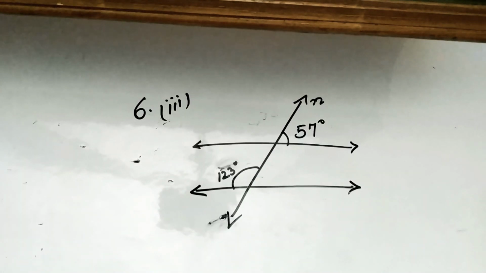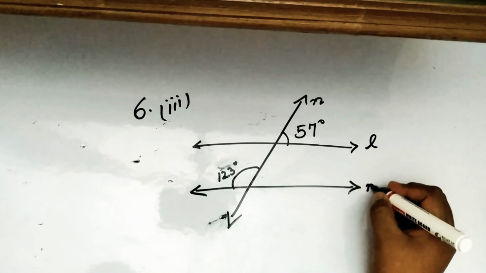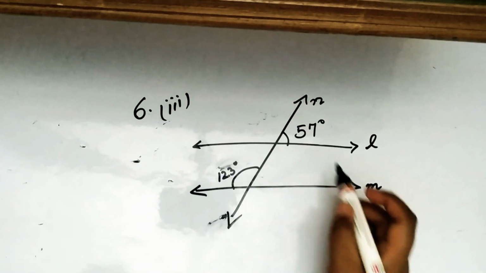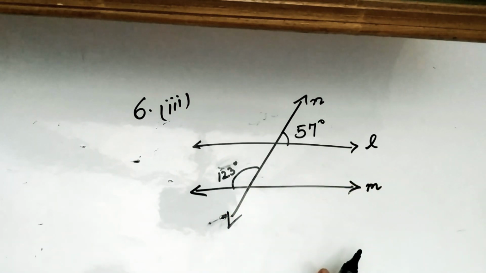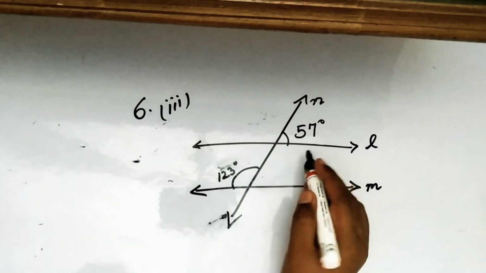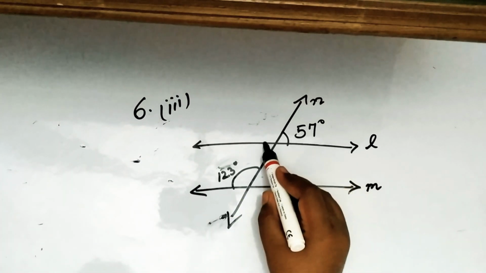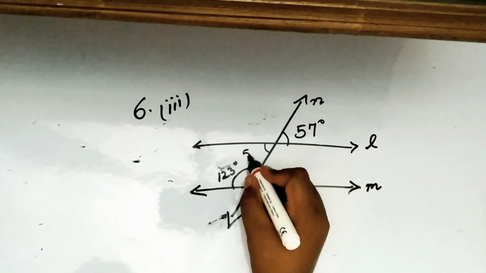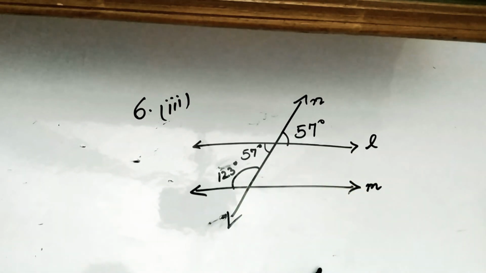Now in the sixth question, the third part says you have to prove that lines L and M are parallel to each other. The angles over here are given as 57 degrees and 123 degrees. The first thing that you can do is find this angle because they are vertically opposite. Now you can say this is also 57 degrees.